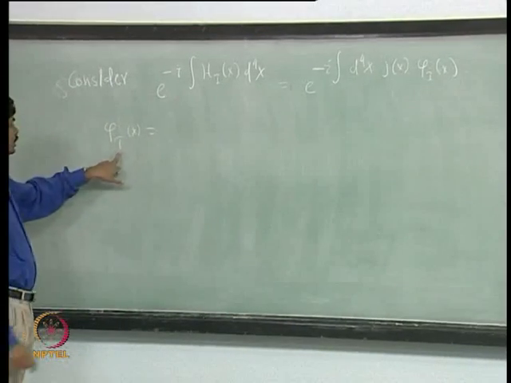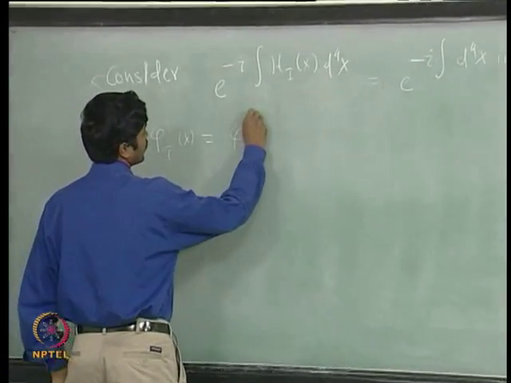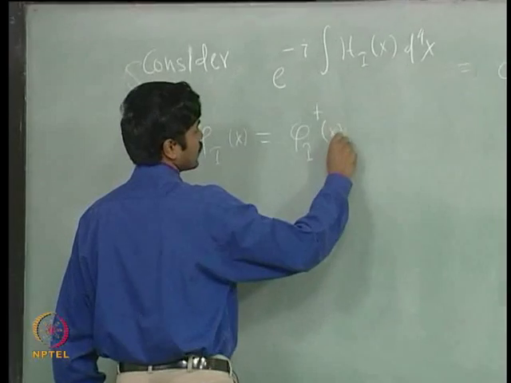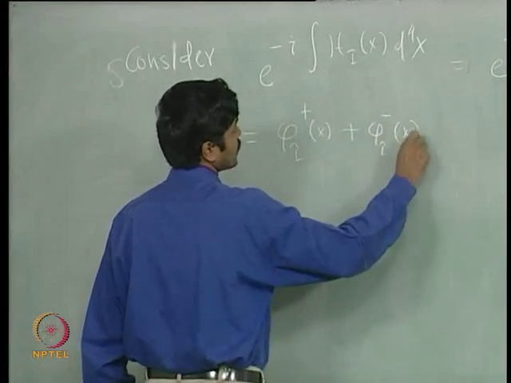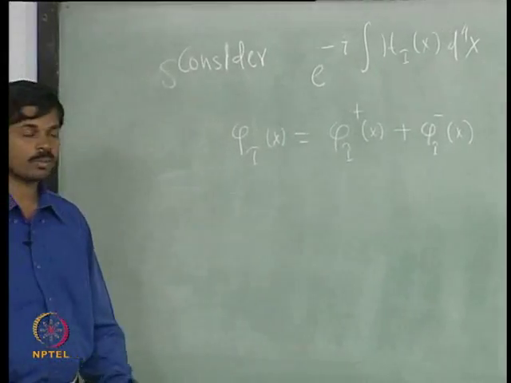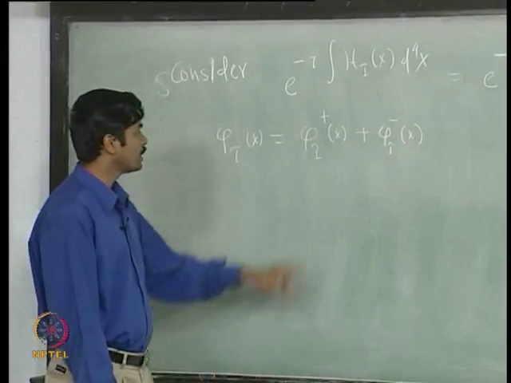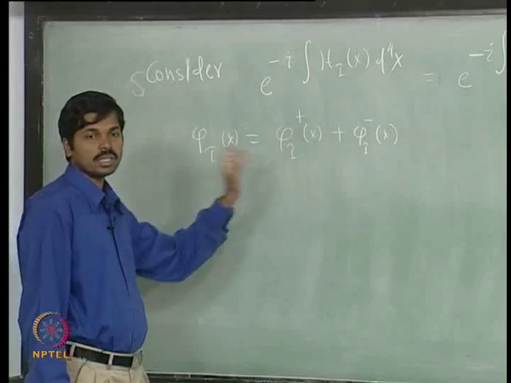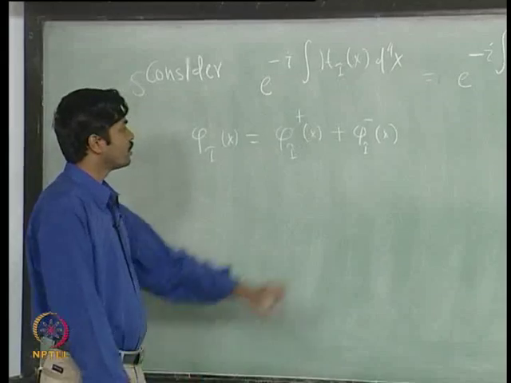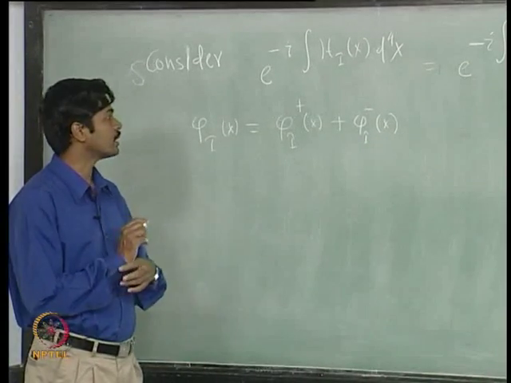So, the quantum field phi_I can actually be written as phi_I plus of x plus phi_I minus of x, the positive frequency part and the negative frequency part of this field. So, phi_I plus of x contains all the annihilation operators, whereas phi_I minus contains all the creation operators.